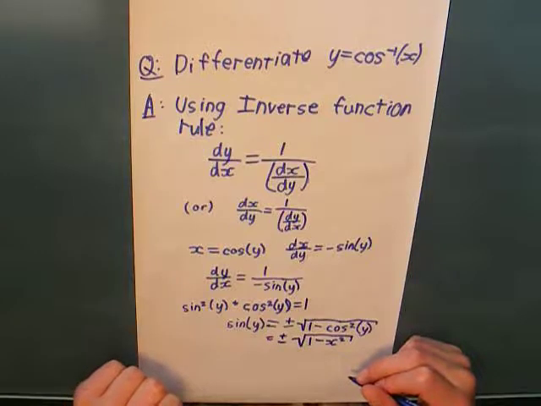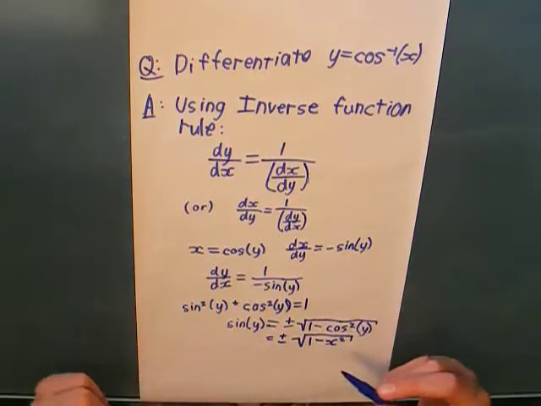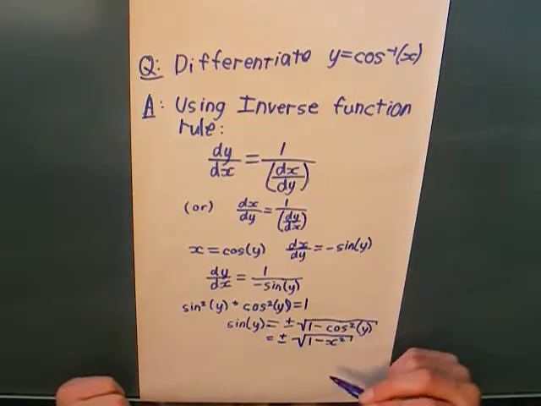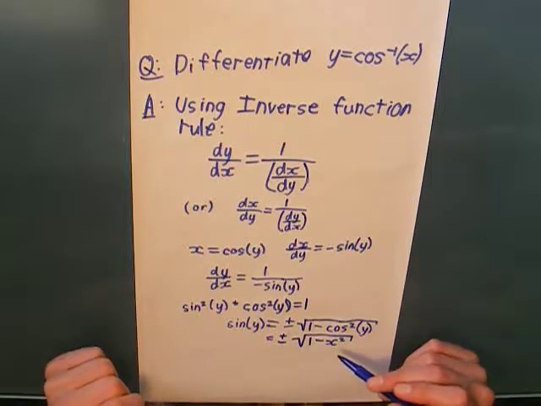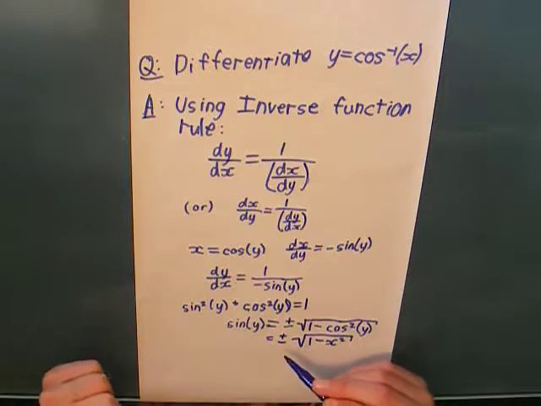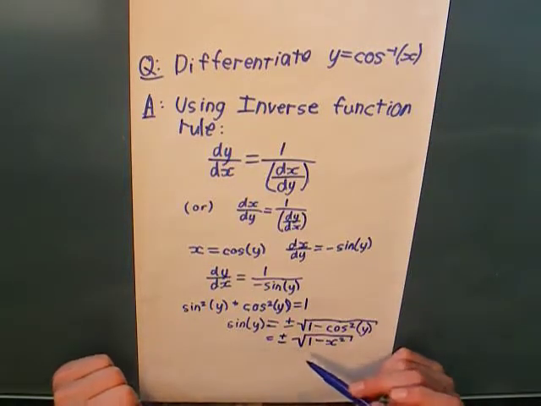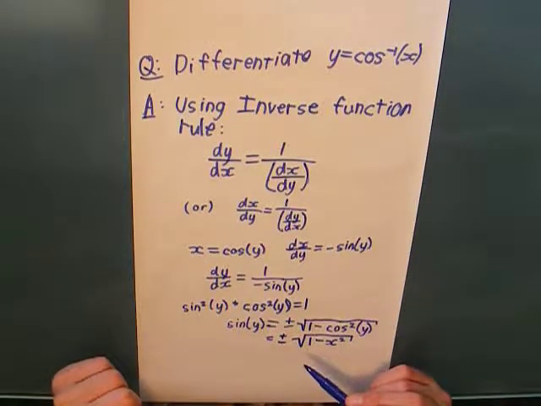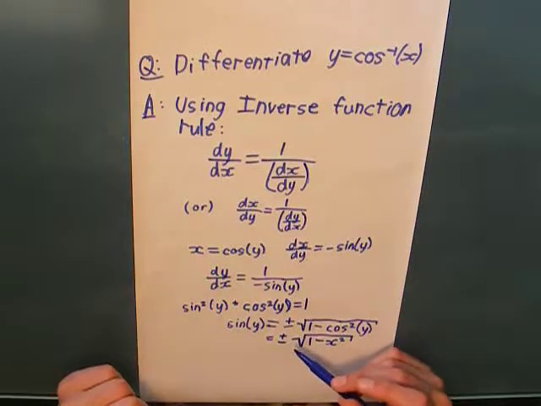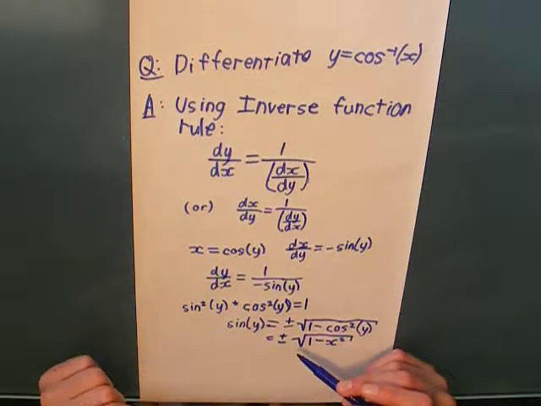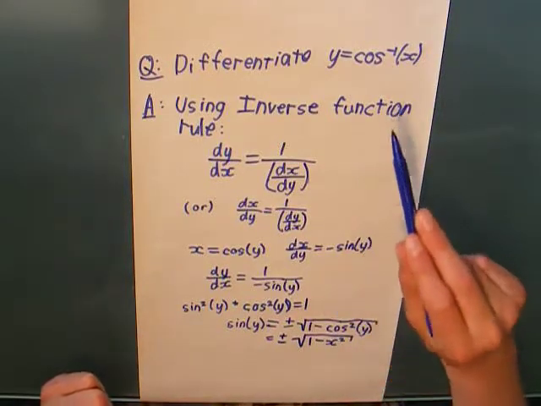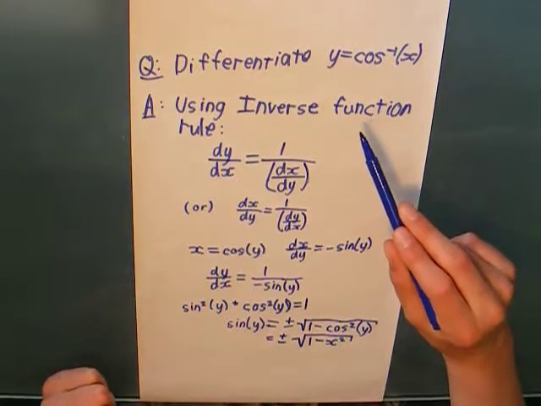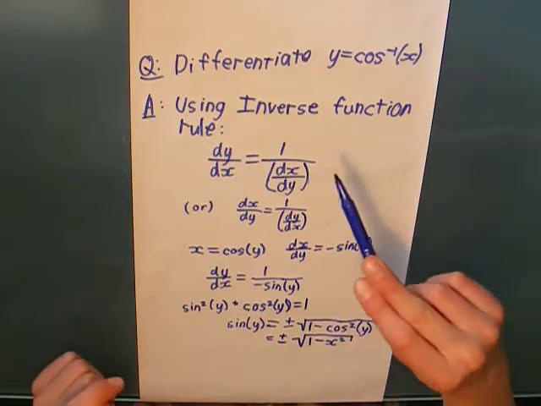Okay. And now, pay attention here, because this step's very confusing and I still find it hard to get my head around this sort of thing. So, what happens here? You've got a plus or minus here, but only the plus is valid. And that is the important reasoning. Because cos to the -1 of x is always positive. Take a look at the graph of it and you'll see this.